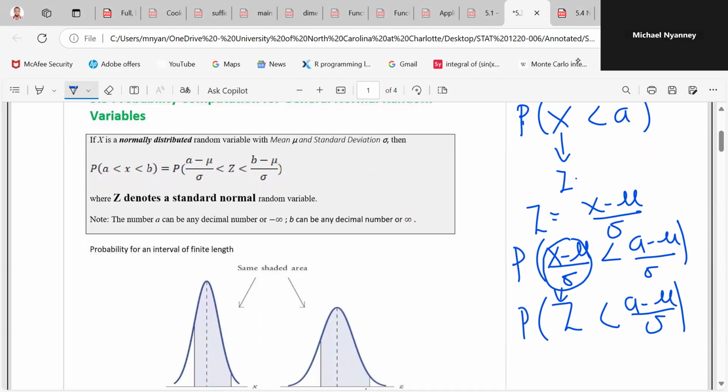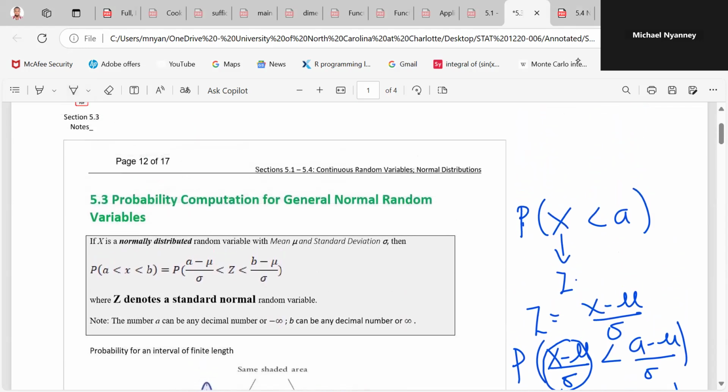But with the use of our calculator, we can calculate straight away using our general normal random variable without converting it to z. But the challenge that might occur is that sometimes you don't know how high or how low you should go. Since you are given the probability that s is less than a, maybe a could be 100.